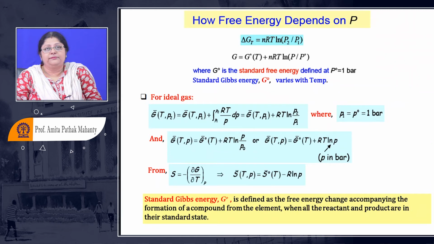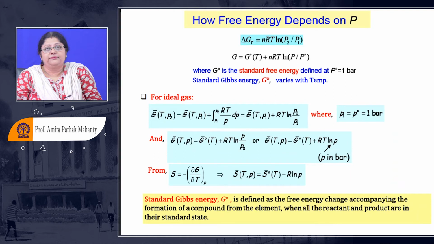Whenever we are talking about this, I had shown this slide, but probably I had not mentioned in great detail what is delta G naught. We will see that this delta G naught can be related to the electromotive force, EMF, when you are talking about an electrochemical cell. So what is G naught defined as?